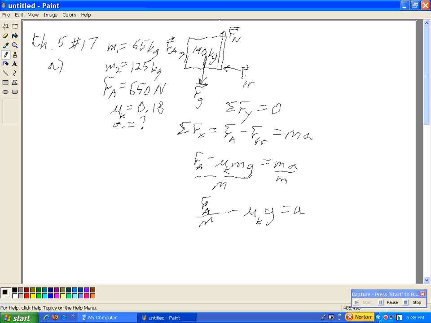We have the applied force at 650 newtons. We have the mass. The mass is 190 kilograms. In fact, I'll plug this in, just to be clear, it's the total mass that we're talking about here.